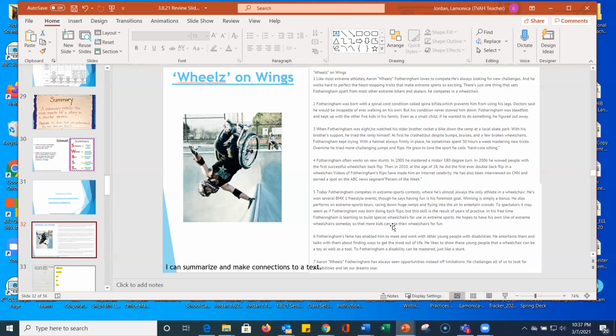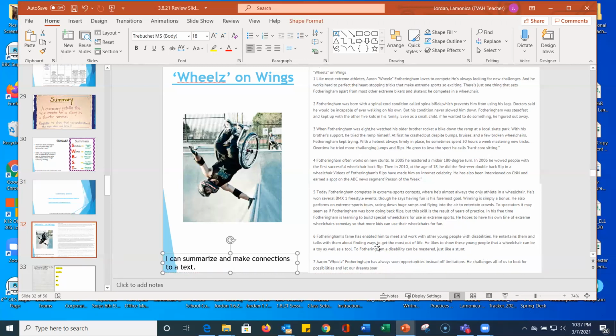Fotheringham is learning to build special wheelchairs for the use of extreme sports. He hopes to have his own line of extreme wheelchairs someday so that more kids can use their wheelchairs for fun. Fotheringham's fame has enabled him to meet and work with other young people with disabilities.